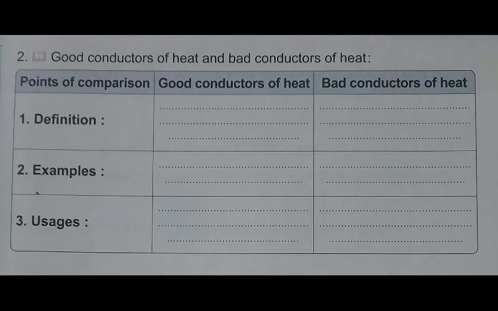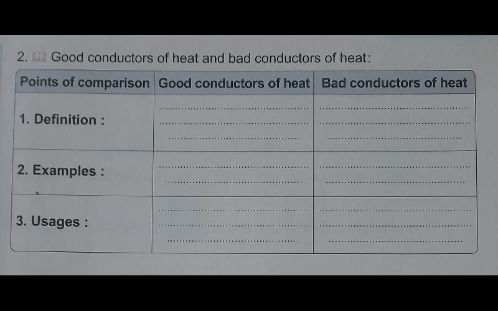Number 2. Here we compare good conductors of heat and bad conductors of heat. The points of comparison: definition. Good conductors of heat are the materials that let heat flow through. Bad conductors of heat are the materials that don't let heat flow through.